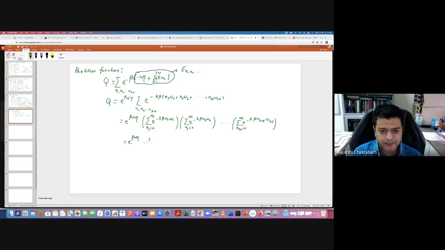Each one is 1 by 1 minus exponential of minus beta h cross omega. The first one is like this, the second one is going to be, what is the last one?